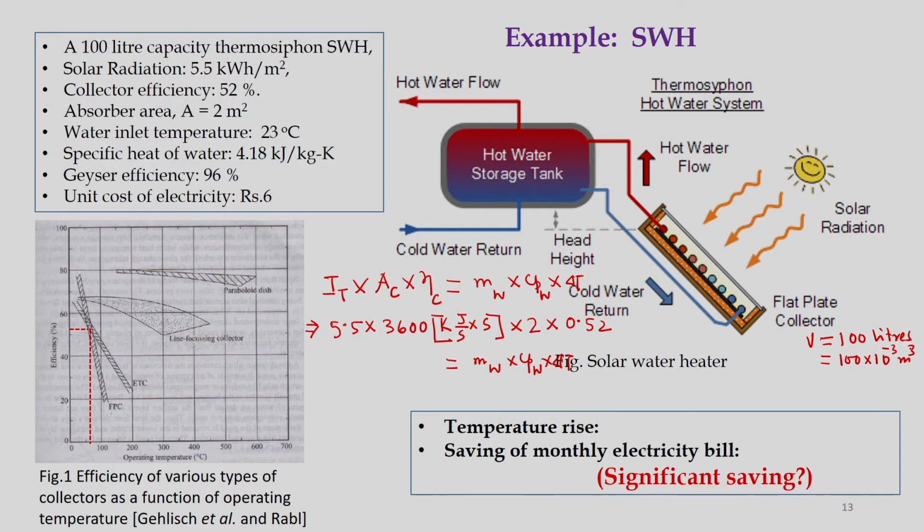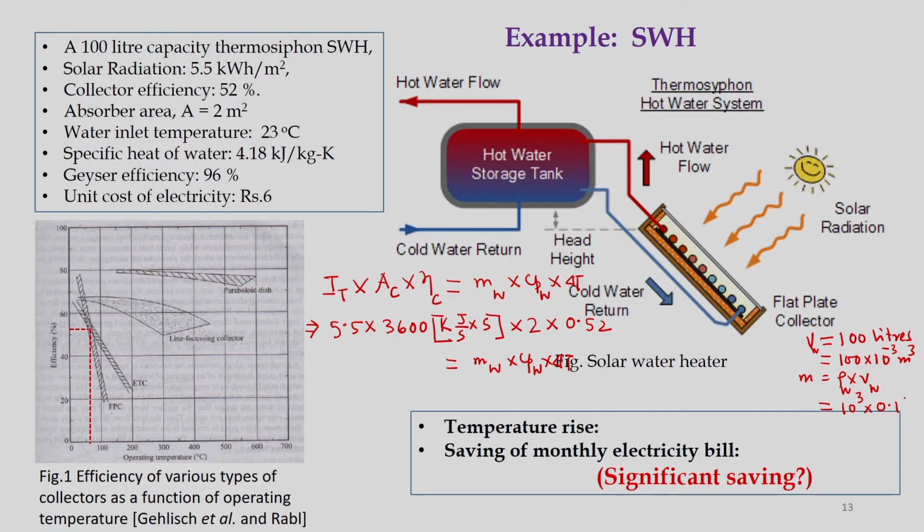Also we know mass is equal to rho into V, rho is density of water. So, we can write W here. Here density of water is 1000 or 10 to the power of 3, and volume of water, if we multiply this, it will become 0.1. Okay. This is 0.1.